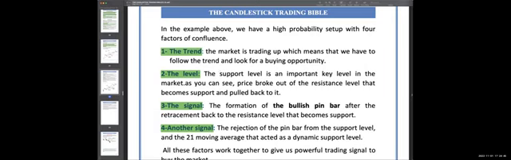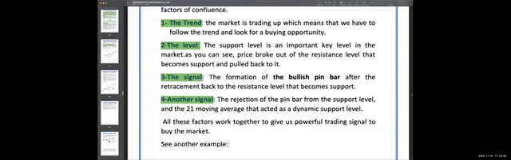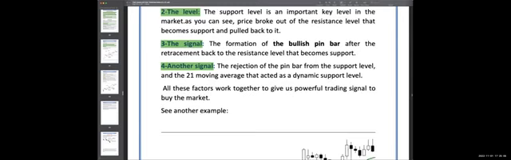The level, the support level is an important key level in the market. As you can see, price broke out of the resistance level that becomes support and pulled back to it. The formation of the bullish pin bar after the retracement back to the resistance level that becomes support. That's your signal. Another signal, the rejection of the pin bar from the support level and the 21 moving average that acted as a dynamic support.